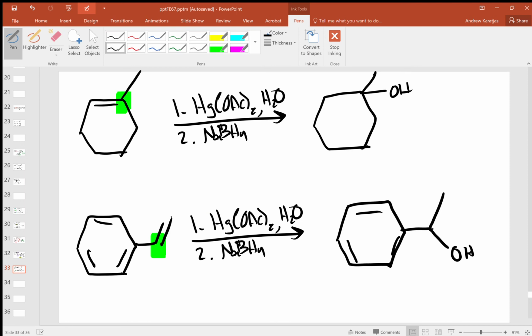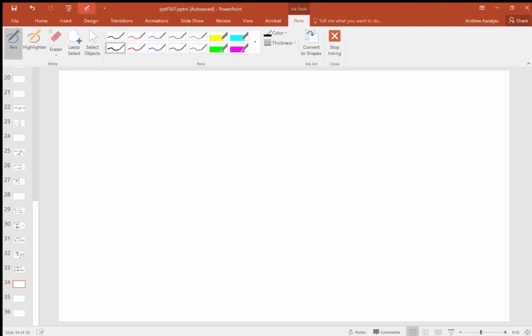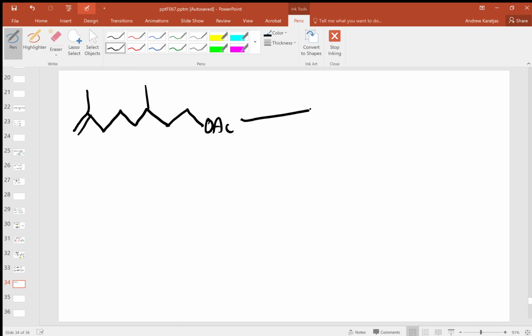So we'll finish this video off by showing an application of this reaction. And this application is going to be one where this reaction is used in a synthesis. In this case, we're going to not use water, but we're going to use methanol.